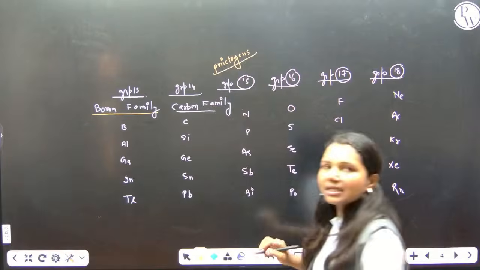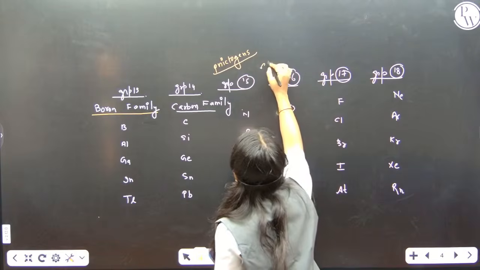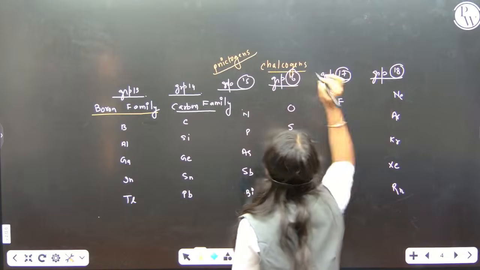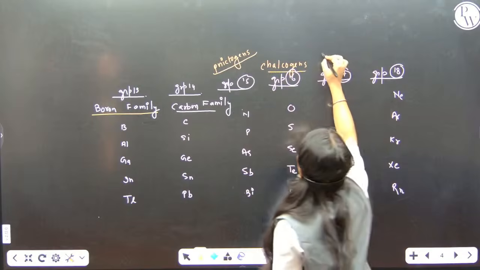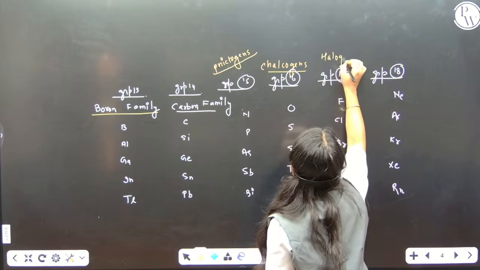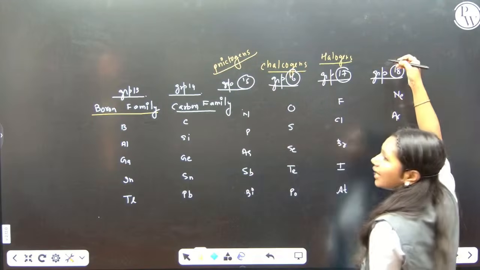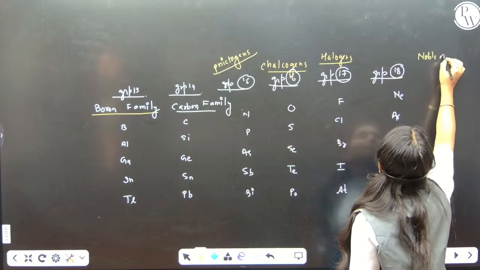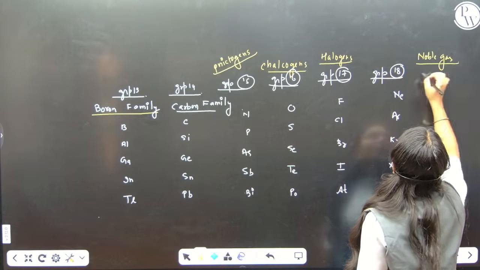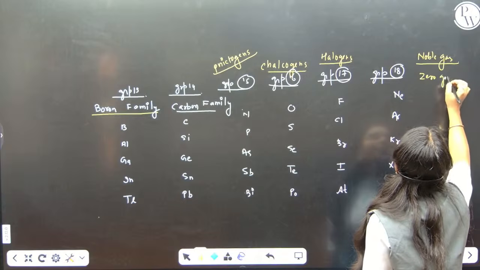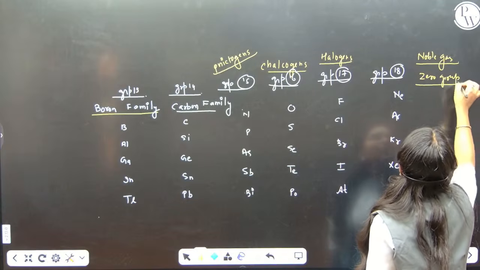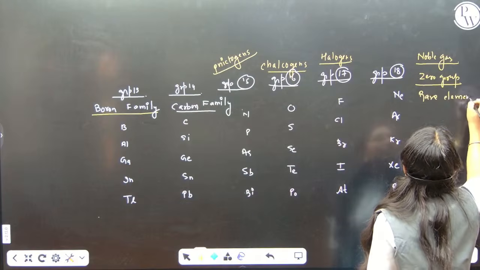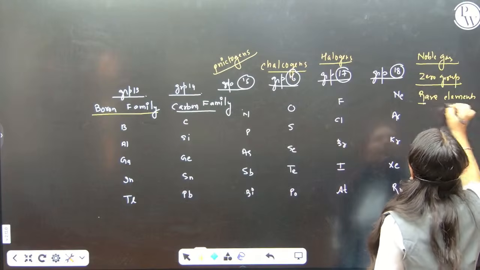Group number 16 is called chalcogens. Group number 17 is called halogens. And group number 18 is called noble gases, also zero group elements or rare elements. Noble gases, zero group, rare elements.